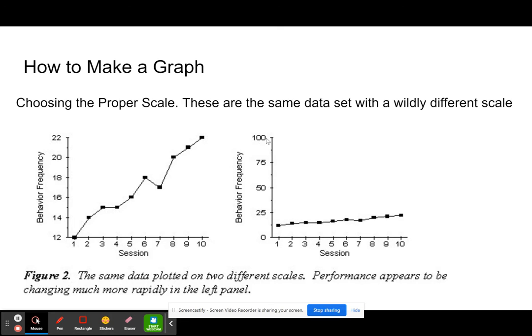We're going from 0 to 100. Here, we're focused on data between 12 and 22. This starts to make it look much more dramatic compared to this. So it's important to choose the proper scale so that our data is both legible, meaning it's easy to read, and meaningful.